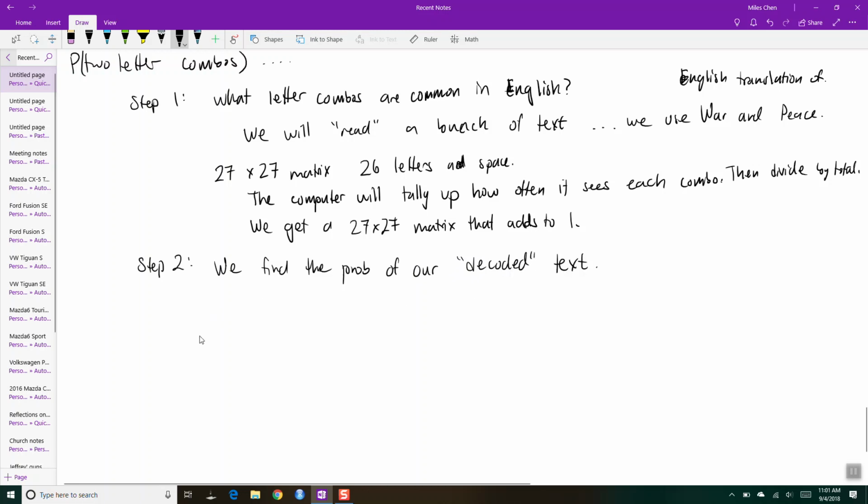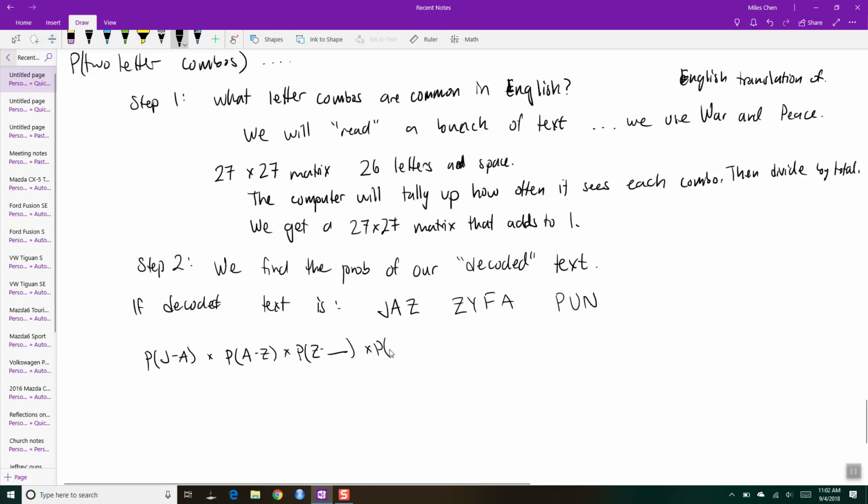Normally, if the decoded text is, I don't know, JAZZYF PUN, something like this, it would be the probability of JA times the probability of AZ times the probability of Z space times the probability of space Z times the probability of ZY, etc., etc. So we're going to look at each 2-letter combination in our text and do this.